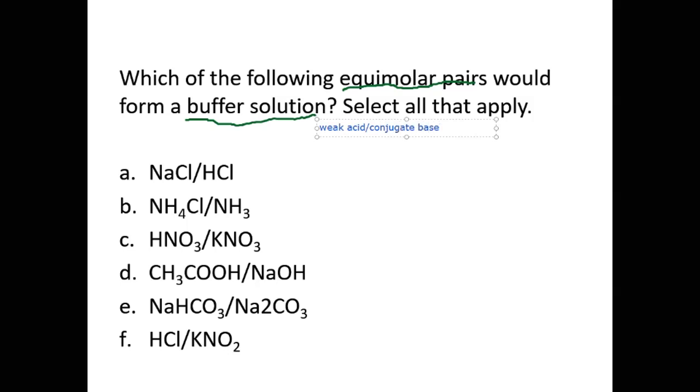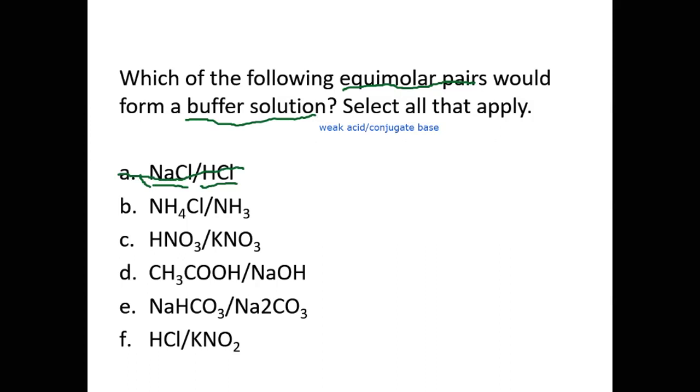So a buffer consists of a weak acid and a conjugate base. So let's go through these. Is NaCl a weak acid? No. Is HCl a weak acid? No. HCl is a strong acid. NaCl is a salt, but it doesn't come from a weak base. So this would not form a buffer.